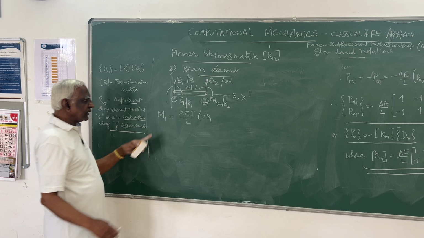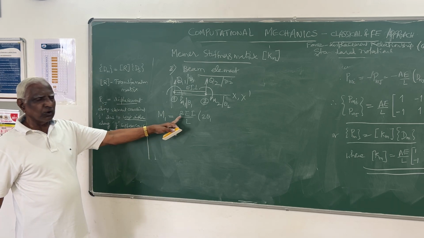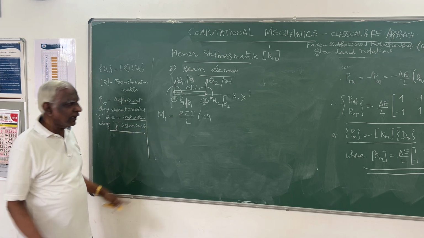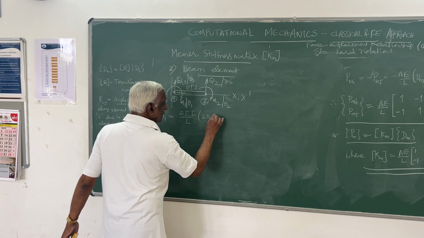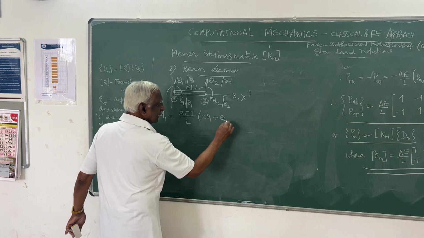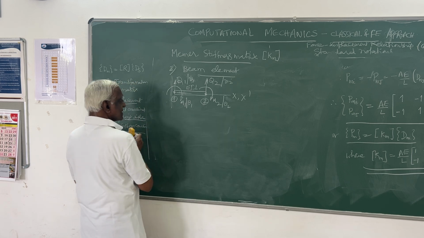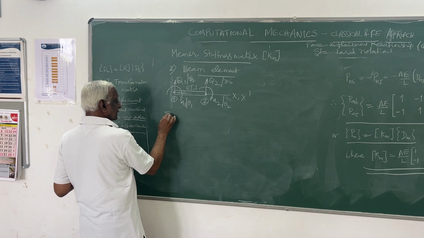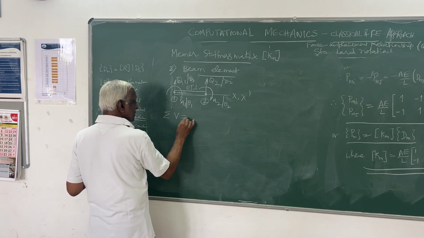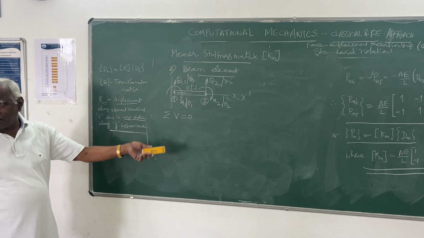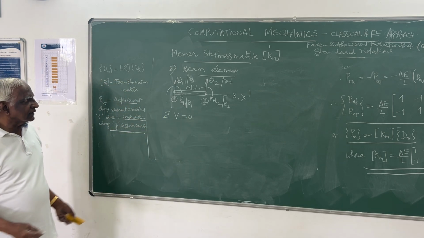So from slope deflection equation, you have M1 equals 2EI by L into 2 theta 1 plus theta 2. But before this, sigma V equals 0. I will apply equations of equilibrium as I did in truss.